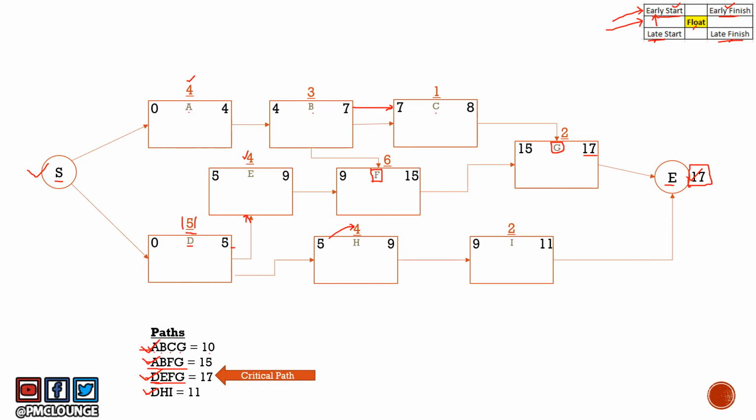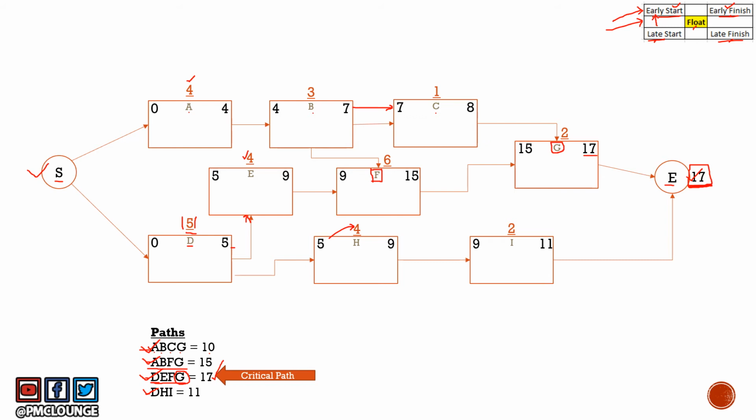Now for late start and late finish, we will do a backward pass. So we start off with the critical path activities again. We start off with D, E, F, G, and we do a backward pass, which means we look at activity G first, right? The end of the project is on the 17th unit of time, which could mean 17 hours, 17 days, 17 weeks, 17 months, whatever.